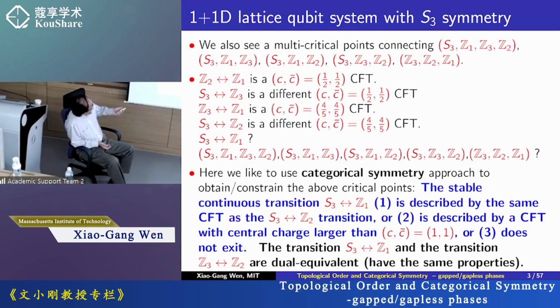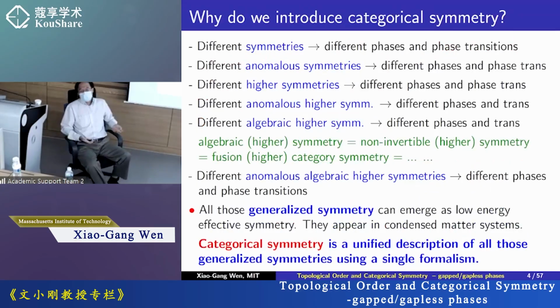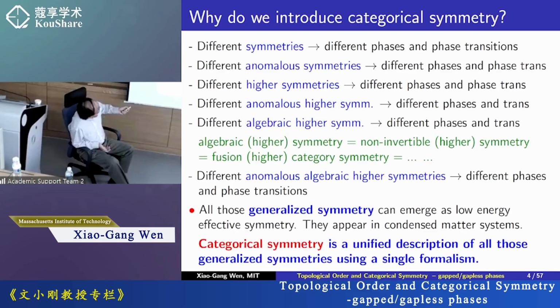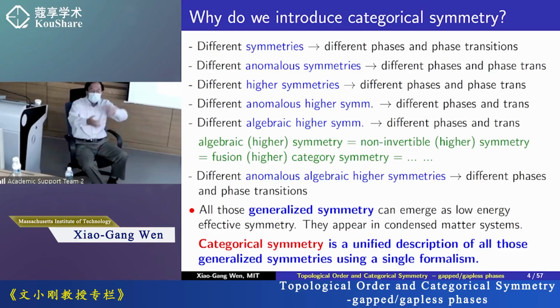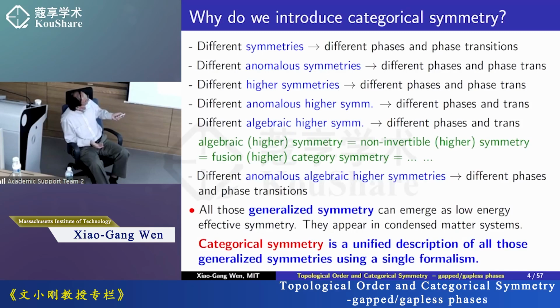So now, what is categorical symmetry? Let me say why we have a categorical symmetry. Why do we do this? Because we know symmetry can constrain the dynamics. Different symmetries give you different constraints on dynamics. Similarly, anomalous symmetry can constrain dynamics. Higher symmetry, anomalous higher symmetry, algebraic higher symmetry, anomaly, they all constrain dynamics.